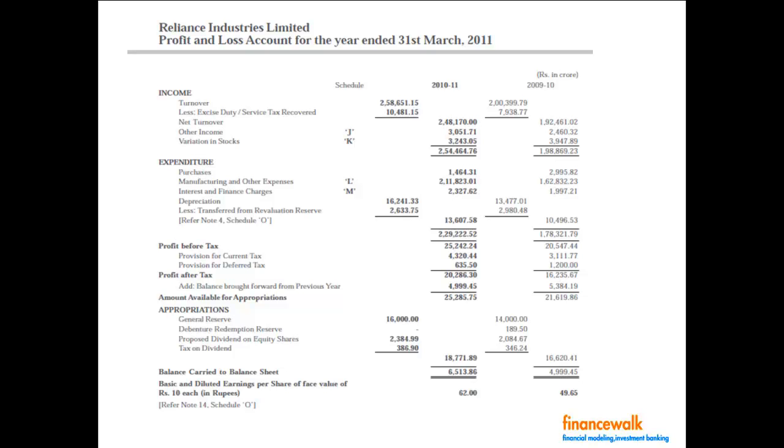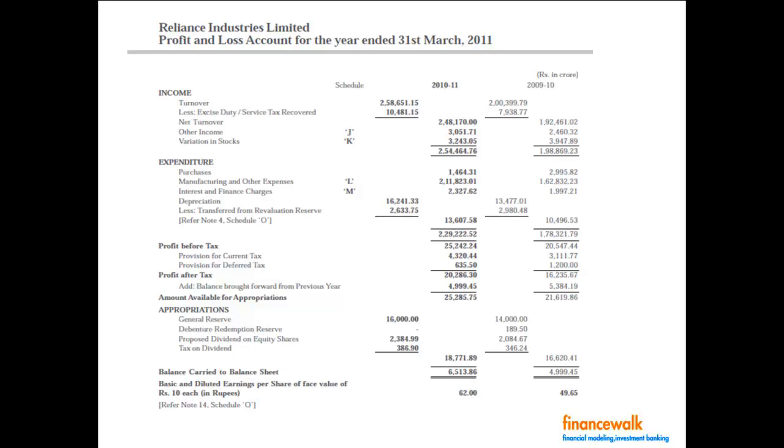Here you can see all these figures are in rupees crore. So the total amount is 6513.83 crores, which is transferred to the balance sheet. Below that you can see basic and diluted earnings per share, of face value rupees 10 each. That is 62, and the previous year it was 49.65.